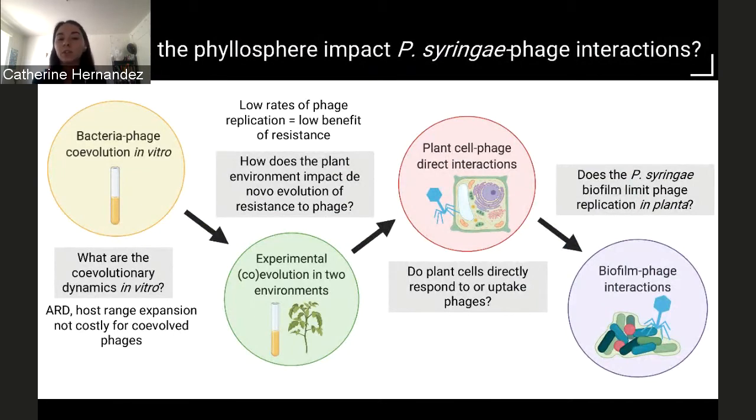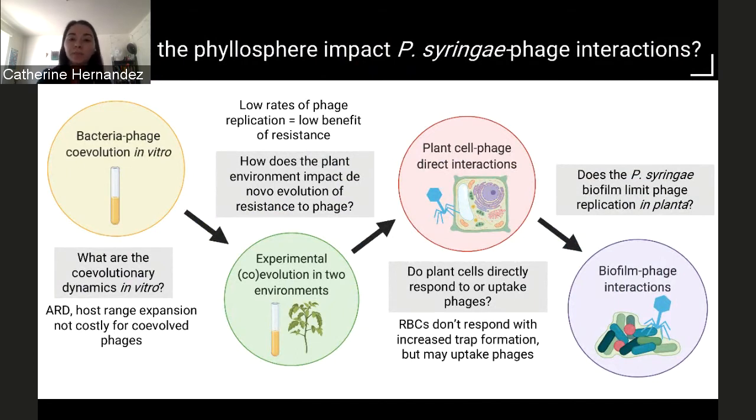It looks like there are really low rates of phage replication and potentially a context-dependent cost again, which means that there's not much of a benefit of being resistant. Then, do plant cells directly respond to or uptake phages? It doesn't seem like the root border cells at least respond in terms of increased trap formation, but they may be uptaking phages. And in terms of whether the Pseudomonas syringae biofilm might impact phage replication, it probably does, but that's to be determined with future work.